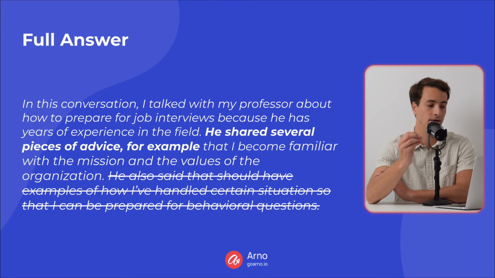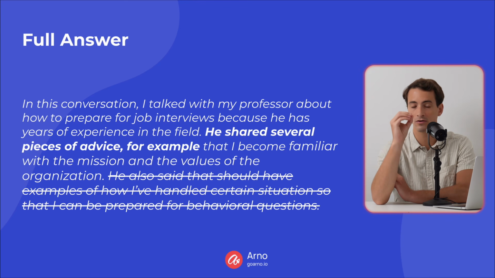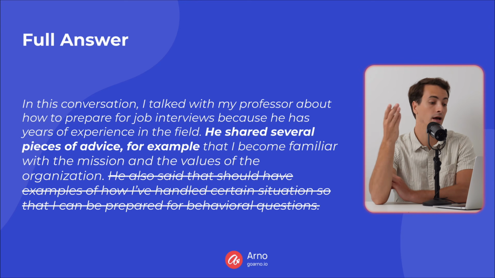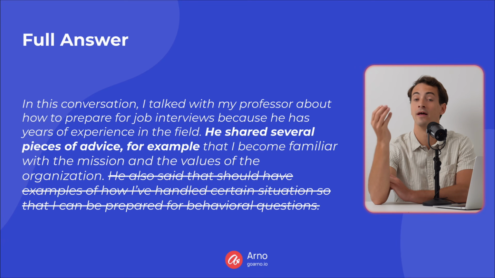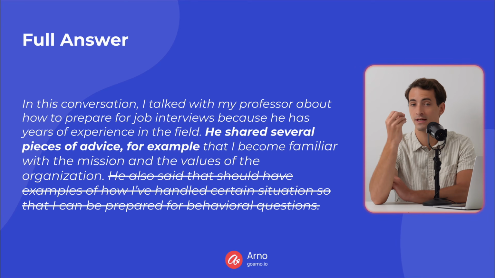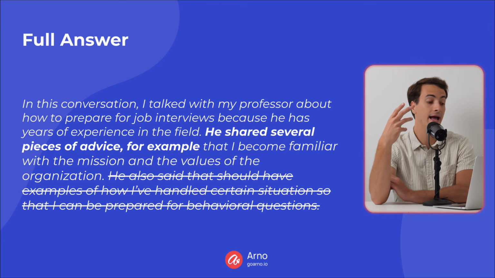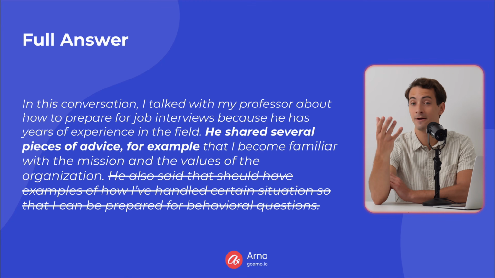But I would recommend that you always start with that first sentence: in this conversation, I talked with whoever you talked with about whatever you talked about. That's the most important information for the summary, and it's also the easiest to get because it is in the scenario.